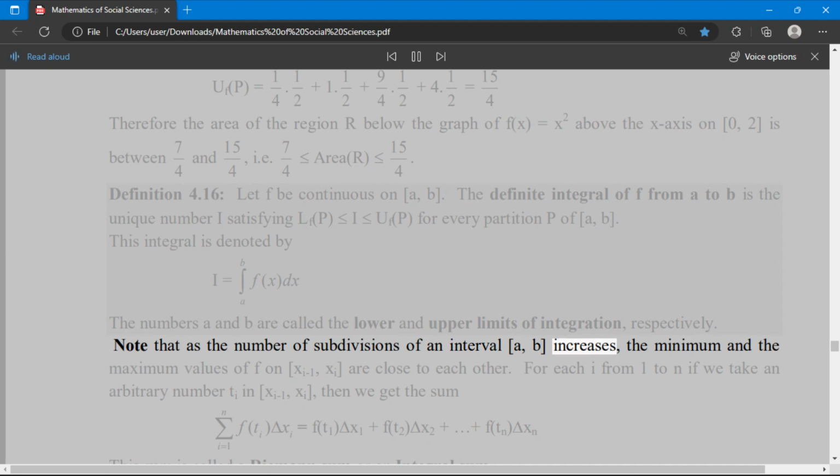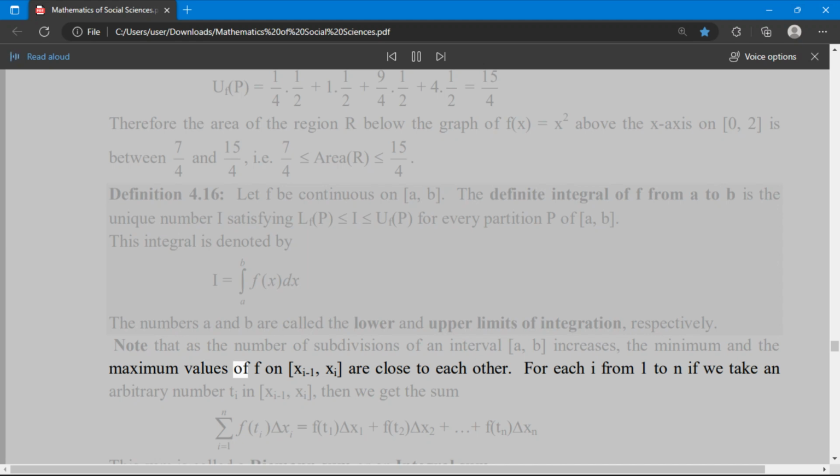Note that as the number of subdivisions of an interval [a, b] increases, the minimum and the maximum values of f on [x_{i-1}, x_i] are close to each other.